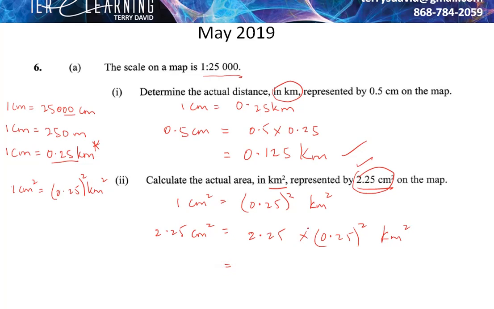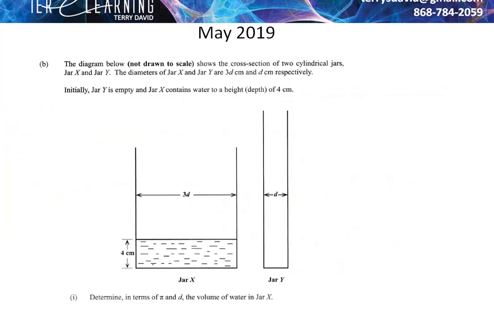If you work that out, that will give me 0.1406 kilometers squared. They didn't say how many significant figures or decimal places, so I'll just stop at 4. So it's 0.1406 kilometers squared.